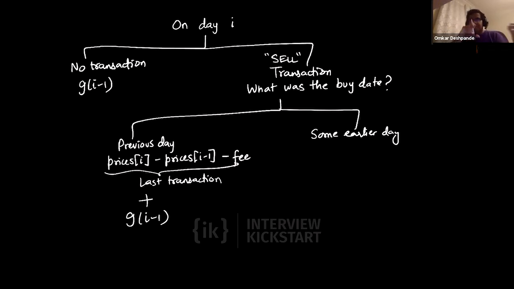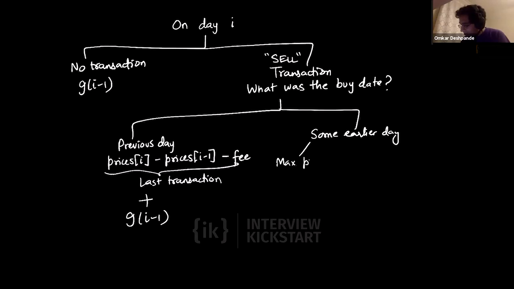Because if there is a sell happening on day I minus 1, that means there was a transaction that ended there, which is what I will extend. So what I want from my subordinate is the maximum number of transactions, sorry, not that, just shows my brain is checking out right now.